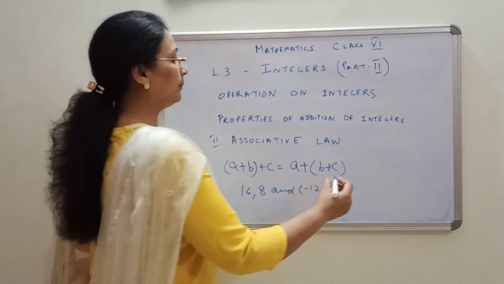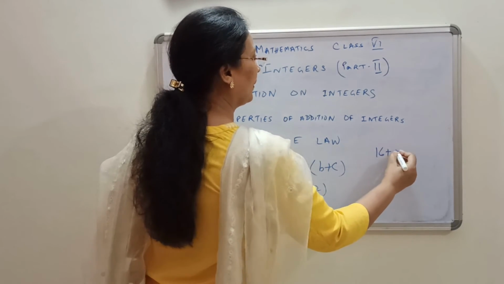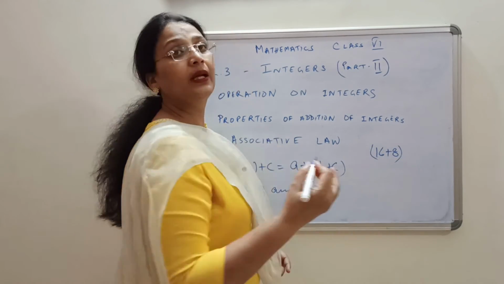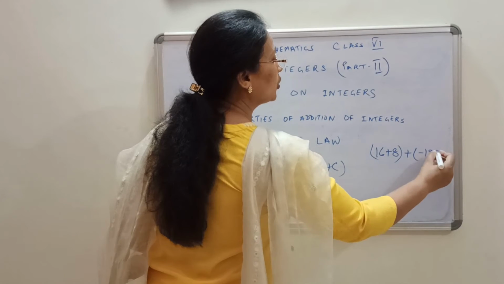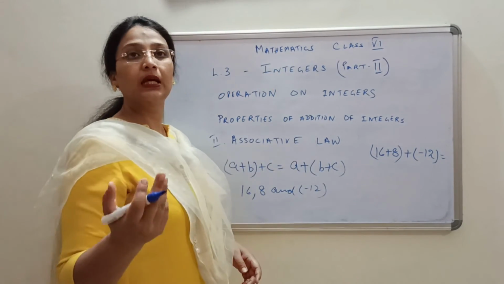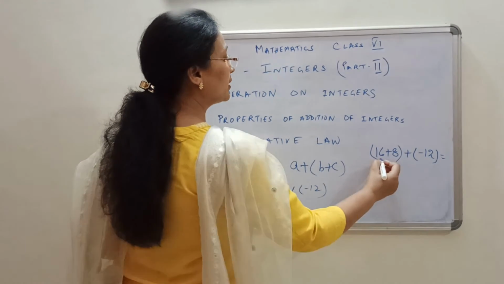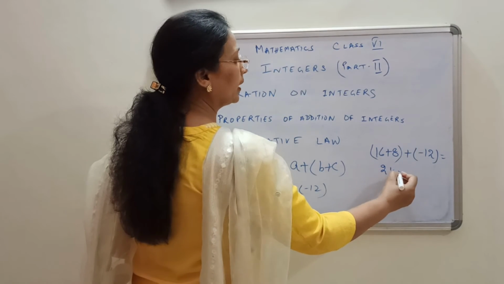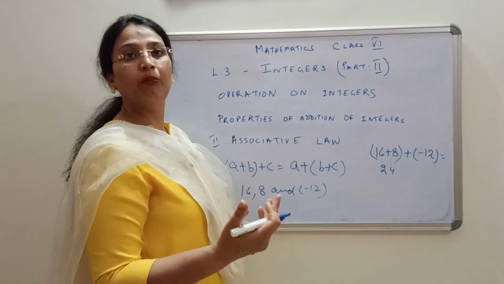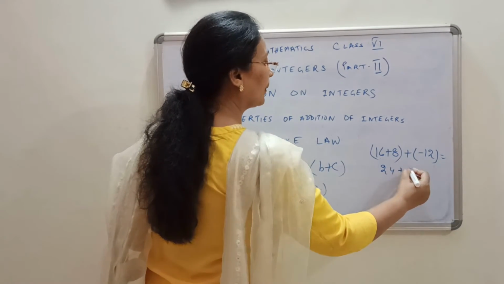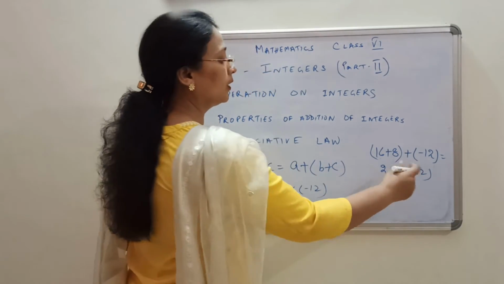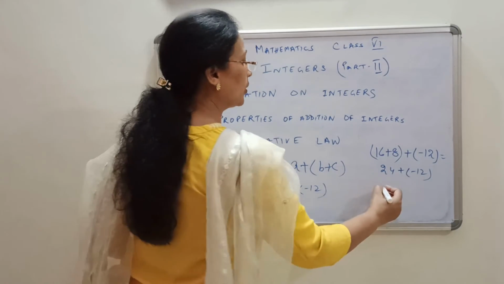Then (16 + 8) + (-12) equals 16 + 8, that is 24, and plus minus is minus, so you write 24 - 12, so the answer will be 12.